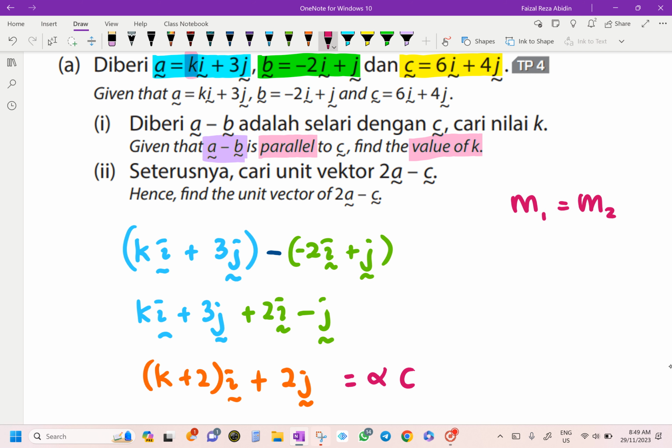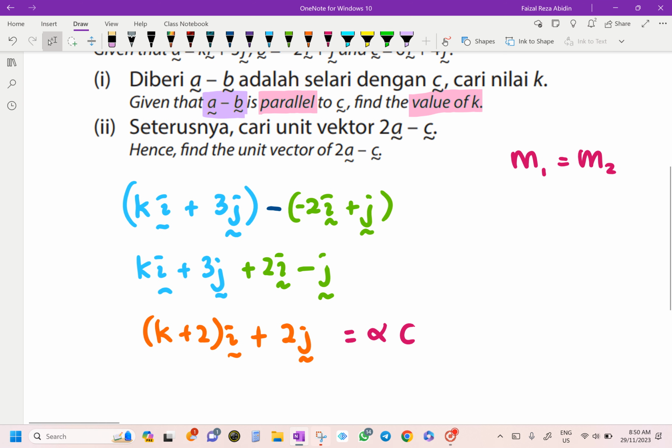But we didn't know what our C here is going to be multiplied with to get the same as m1 here. Because just now we had the operation A minus B, right? For C here we don't have. So I need to find our alpha there.